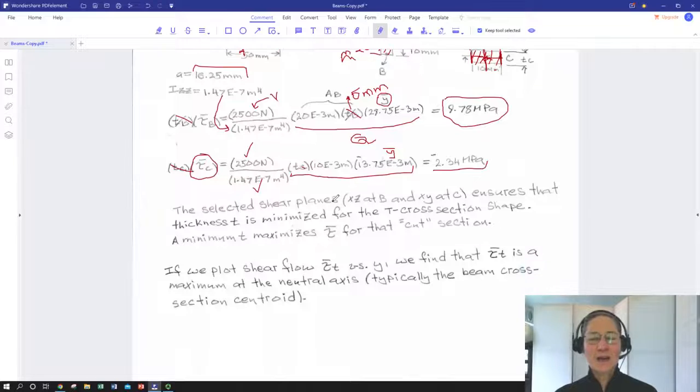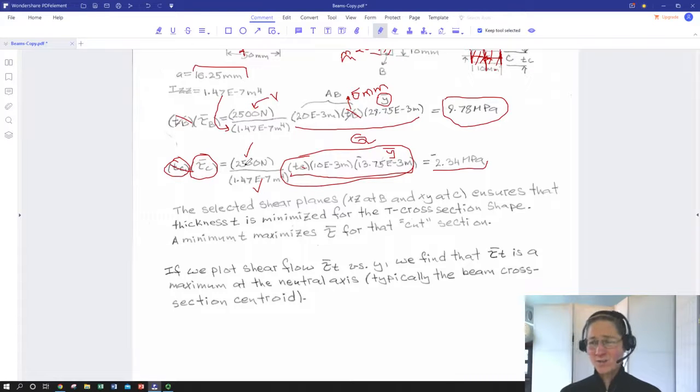And in cases where you have a Q that is minimally dependent on the thickness of your cut, it will always have some dependence. But if you have a more complicated shape, then you might want to just divide both sides by your thickness in your shear flow expression and solve directly for tau bar.